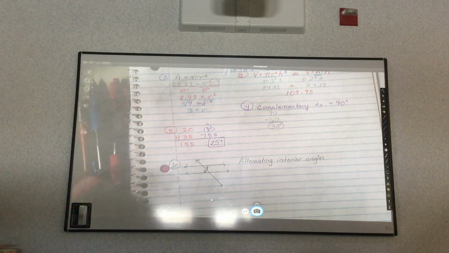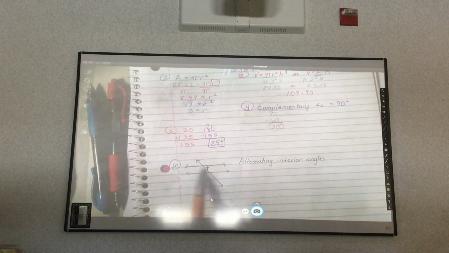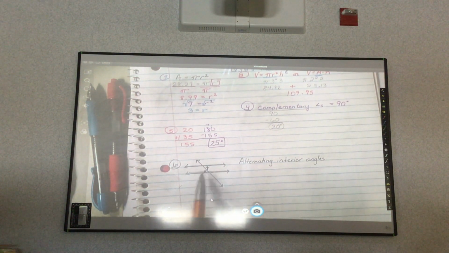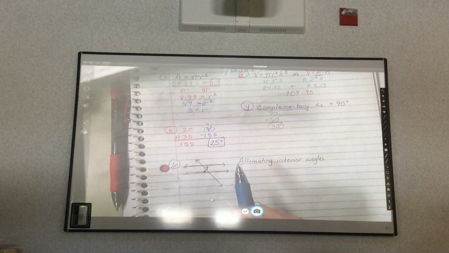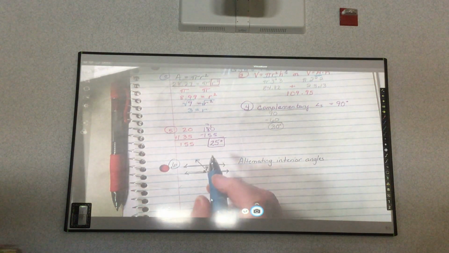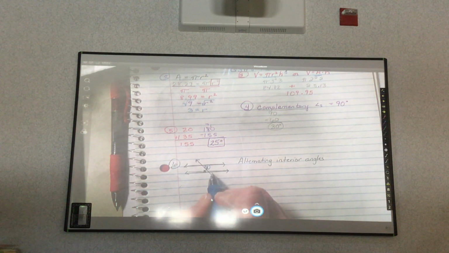Interior meaning they go under between these 2 lines. They're on the inside of these 2 lines. Okay? No, they're on the inside. So if this angle is right here, it would also be right here.